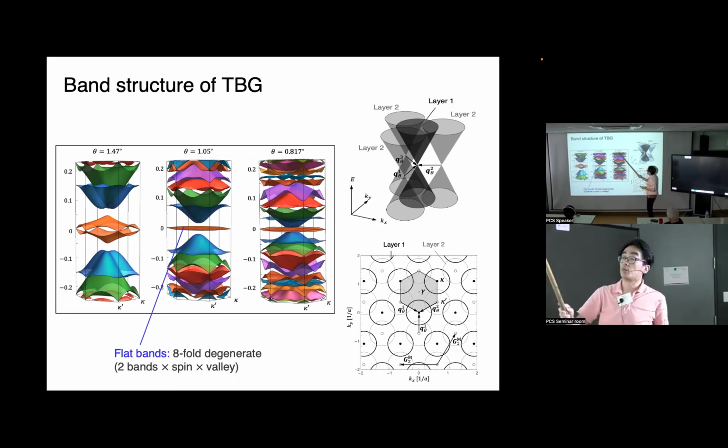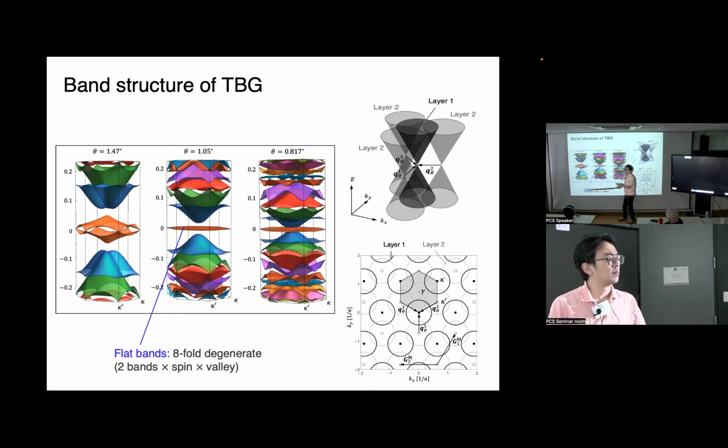Here are different twist angles: 1.47 degrees, 1 degree, and 0.8 degrees. At a large angle, you will have some remnant of the Dirac cones, the black cone and gray cone, which are hybridized. But at a certain angle, you can see that the central part where the Fermi energy lies becomes completely flat.